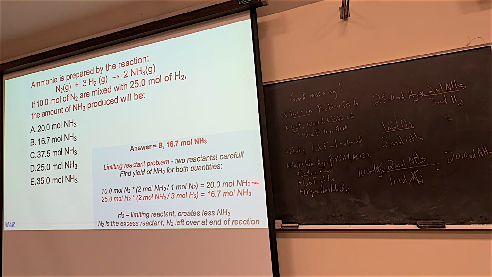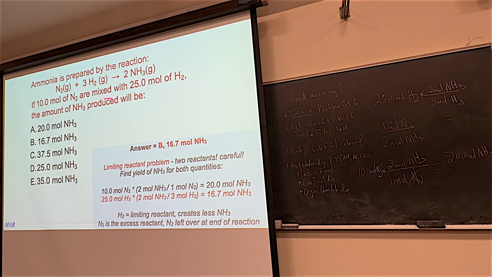It comes out to be 16.7 moles. So what this tells the chemist is this is not enough H2 to use up all the N2, all right? H2 is the limiting reactant. It's going to prevent you from making all the NH3 you could based on the other reactant. So several things about this problem are kind of important.